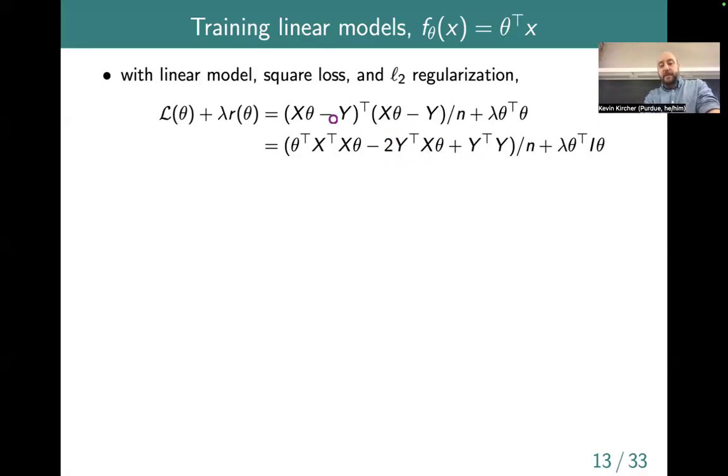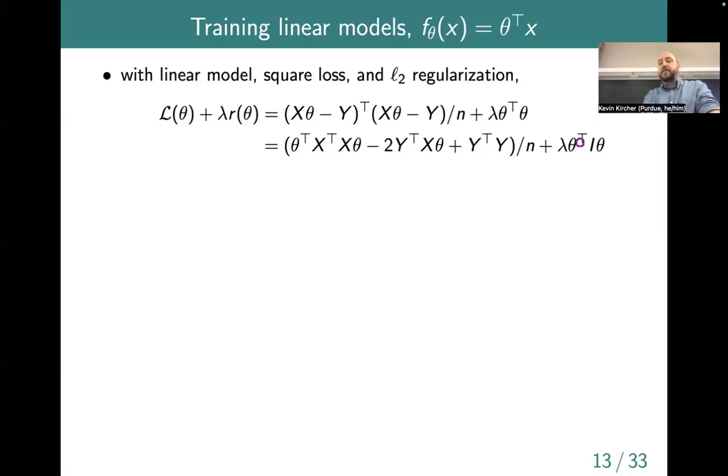Then from the last term we have a y transpose y. Dividing by n is to take the mean of all the squared errors, so we still have the division by n here as well. On this last term on the right-hand side, all I've done is insert an identity matrix in between the two thetas. That doesn't change this term at all, right? I times theta is just theta.